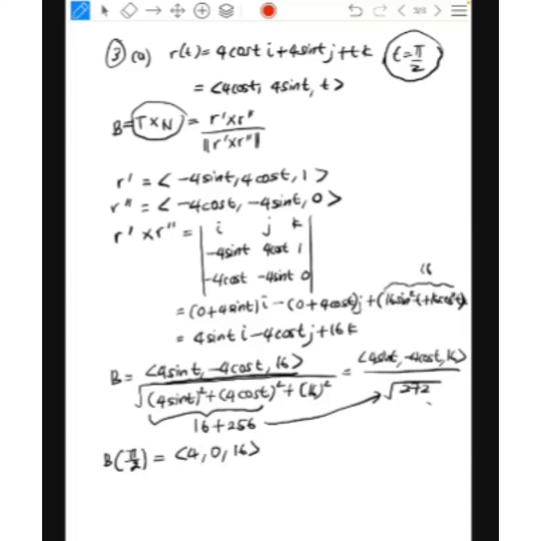And then 16, over root 272. So this is your final answer. Or you may write down in terms of ijk, which will be 4 over root 272 i, and then the j is 0, so you don't have to write j, and then k is 16 over root 272. Okay, so I do one.